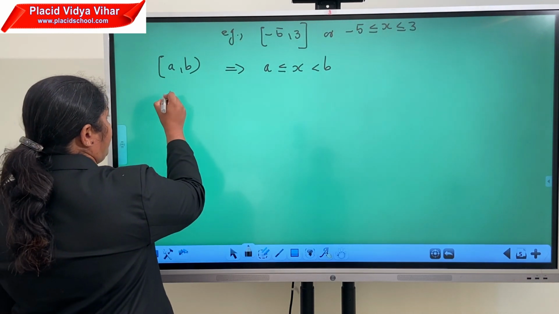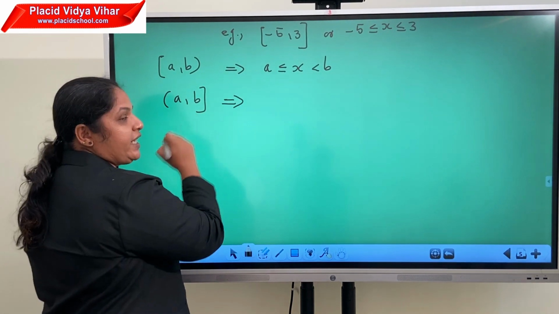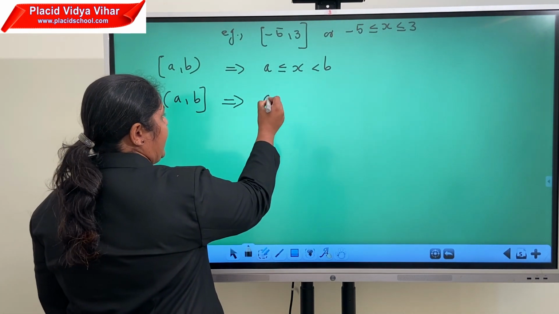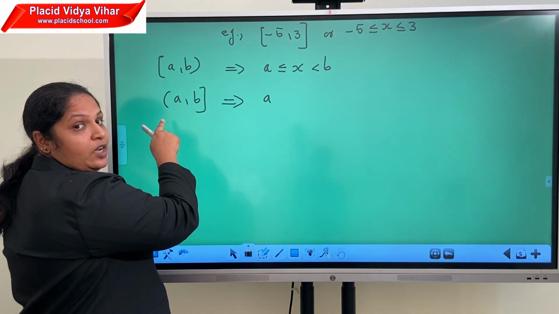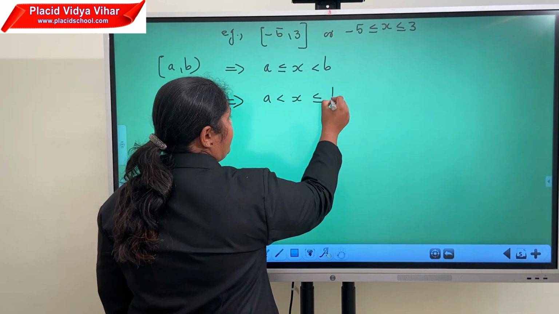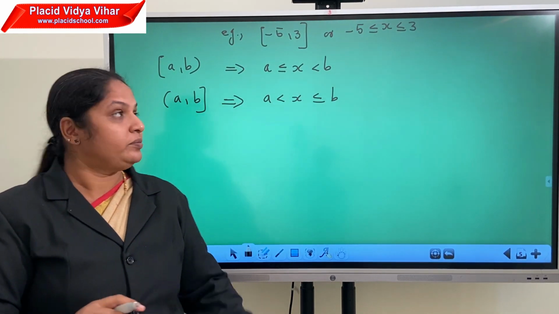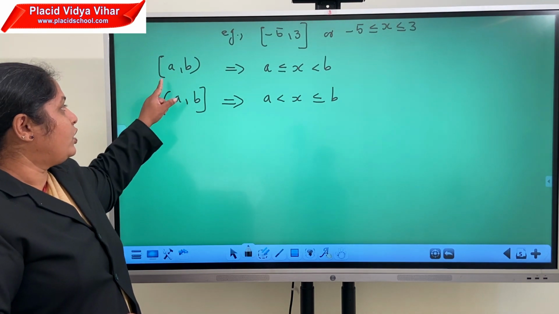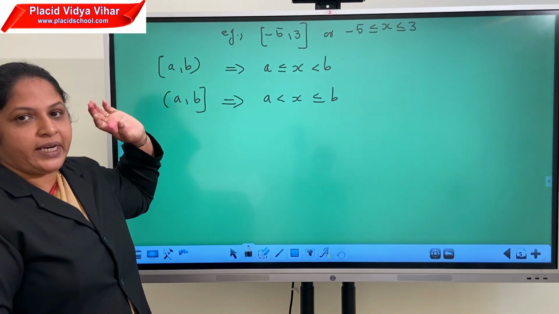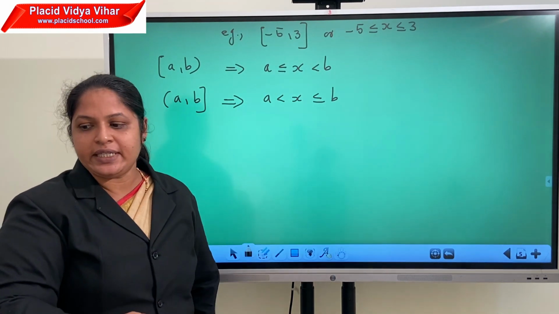Then next one, (a, b]. How can we write it in inequality form? A is not included as it is open. So a less than x less than or equal to b. So please write the first one. Closed bracket a comma b open bracket implies a less than or equal to x less than b.